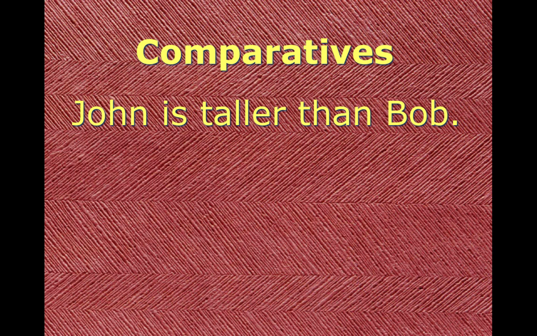I want to say John is taller than Bob, and so I'm going to make my pattern of más fill in the blank que. John es más, fill in the blank, which is alto, que Bob. So alto is the word for tall, and that's what goes in the blank, and that's what turns the word tall, alto, into the ER equivalent in English. Más fill in the blank que.